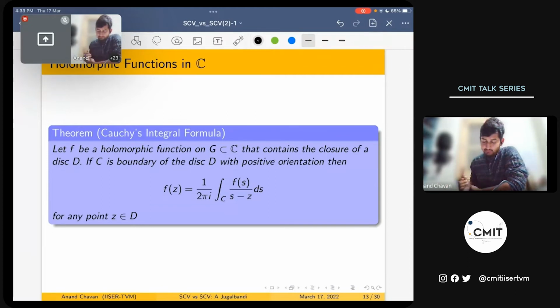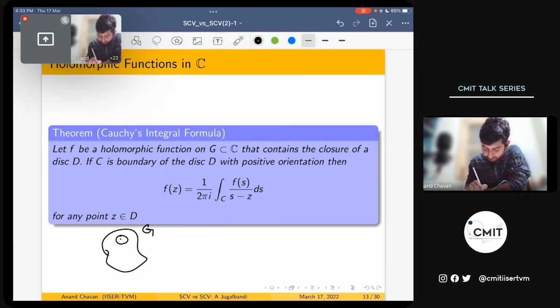What does it mean? Suppose I have a domain G and I have an open unit disk inside this. Let me draw it here. It says that if I know the value of the function on this boundary C, then I can know the value of the function at each point inside this disk.